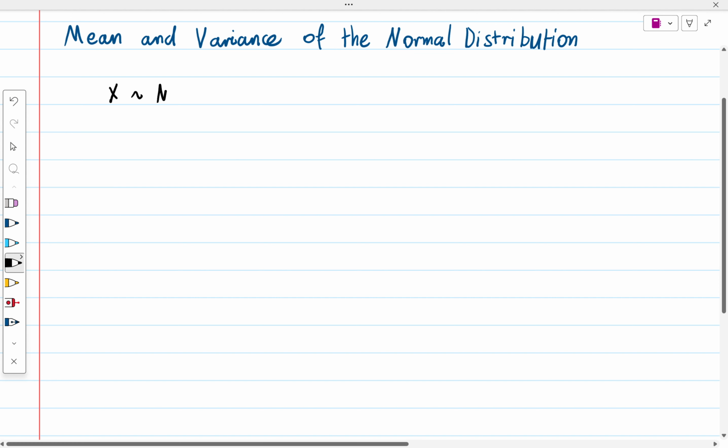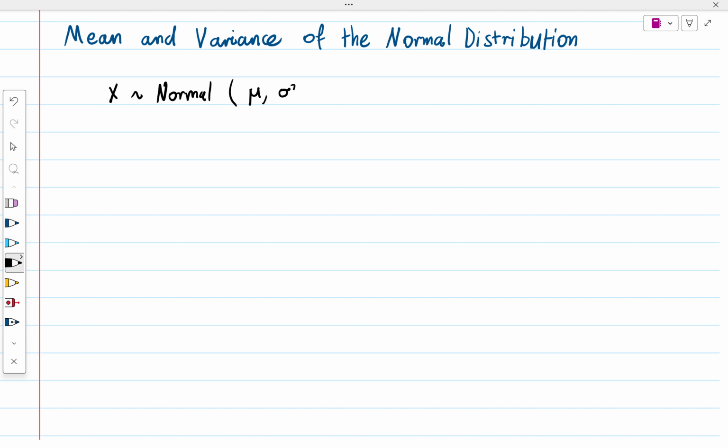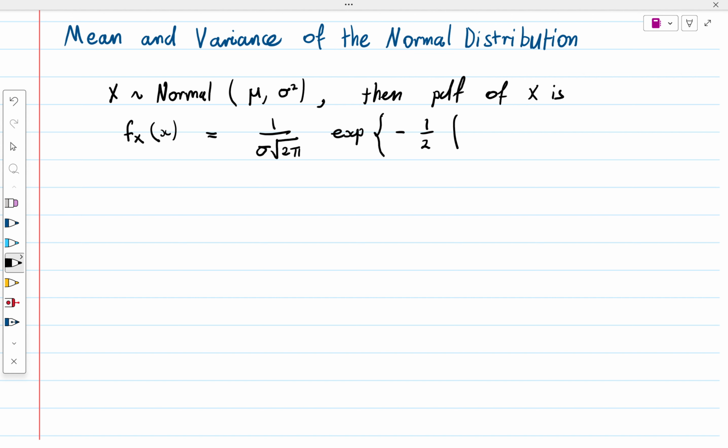So recall if x has a normal distribution with parameters mu and sigma squared, then the probability density function, or the PDF of x, is given by the following. f subscript x of x is equal to 1 over sigma square root 2 pi, exp of negative a half, x minus mu over sigma, all squared.